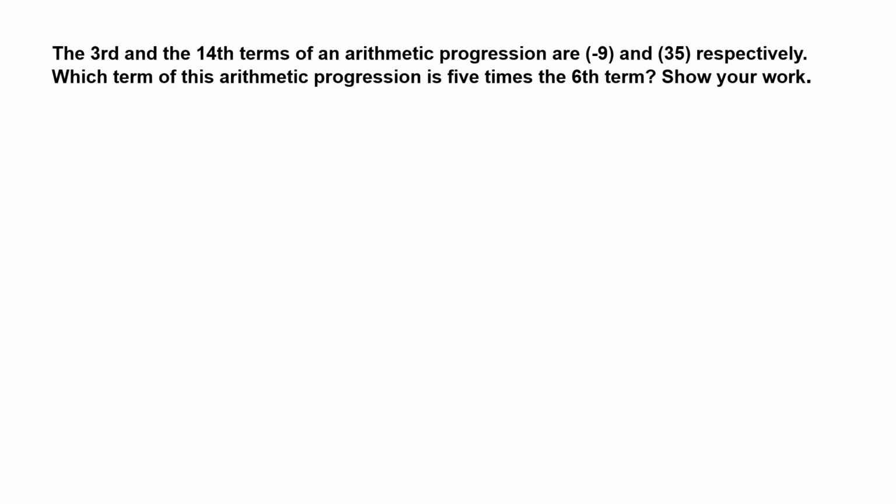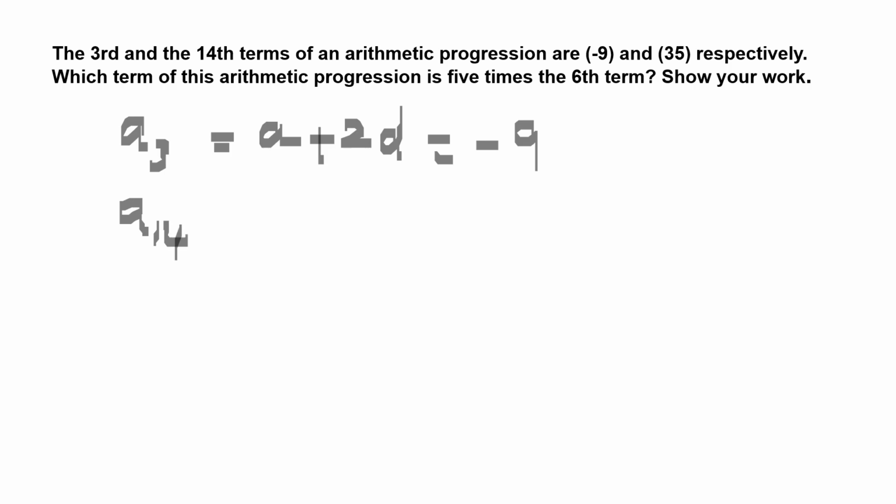Third term and 14th terms are given. Which term of the arithmetic progression is 5 times the 6th term? So third term means a3 equal to a plus 2d, and that is minus 9. 14th term is a plus 13d, and that is 35.